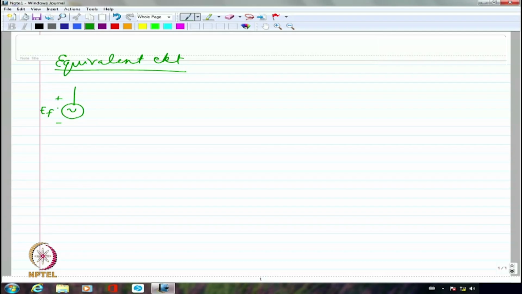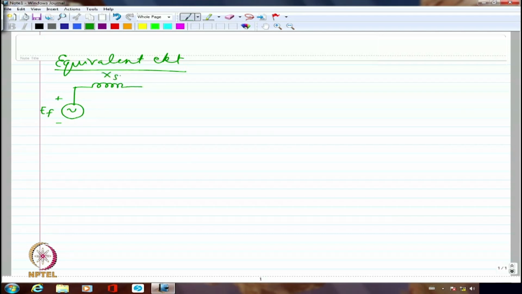That is essentially EF, which is going to have a frequency which is decided by the rotational speed of the machine. Then we are going to have a value XS, which is actually a large reactance value which has two portions, one corresponding to the magnetizing reactance, the other one corresponding to leakage.